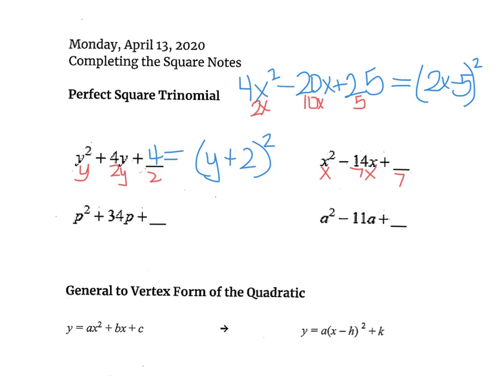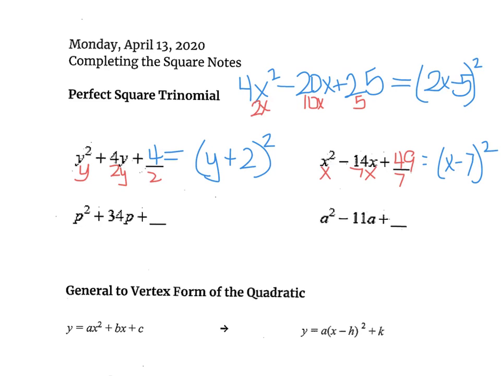But to finish it out, 7 gives you 49 over here. 7 squared is 49. And how does it factor? Something squared. What squared? X minus 7. X minus 7. And don't forget the squared on the outside.